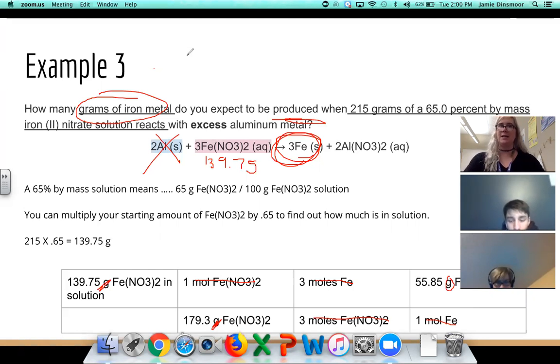And you should get, say again, please. Certainly will. 139.75. Really, it would be times 1, but we don't need to put that in the calculator. Times 3 times 55.85.